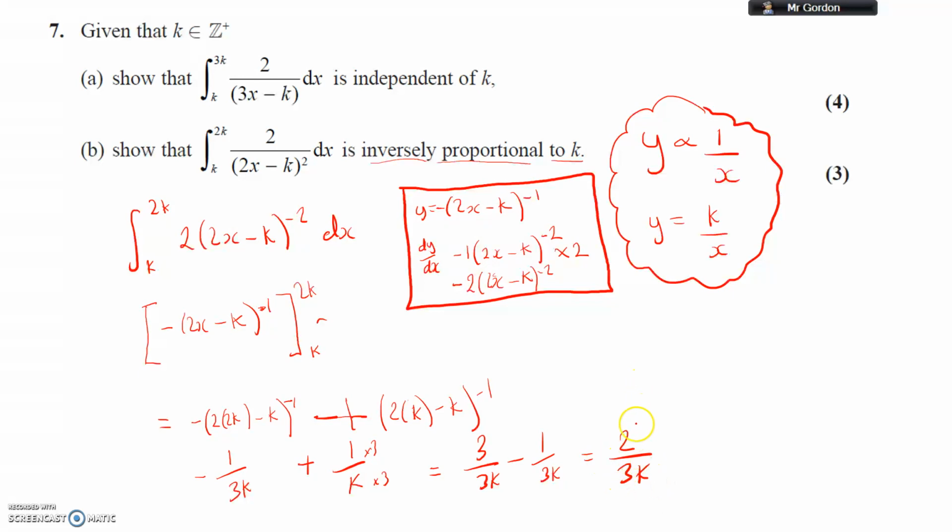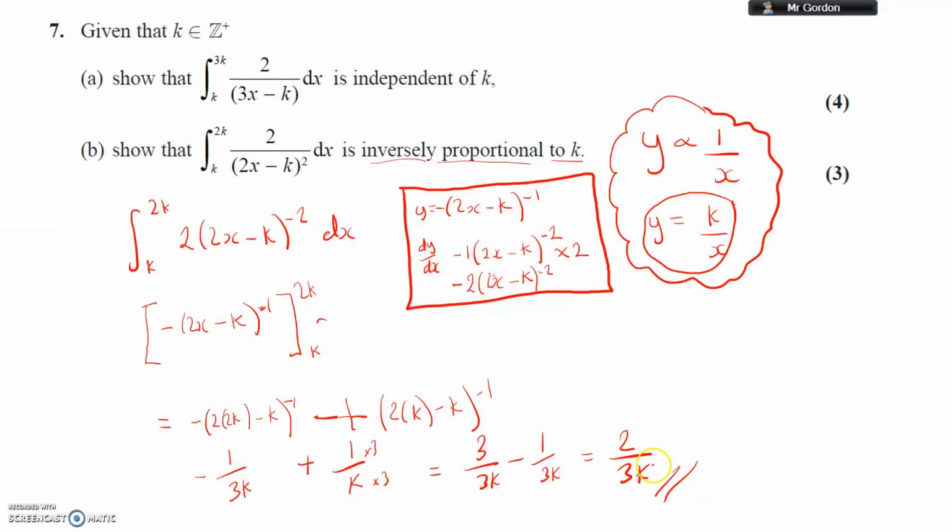Is that inversely proportional to k? So it looks like it's definitely going to be, because k is on the bottom. That should be enough to show the result that they're looking for.